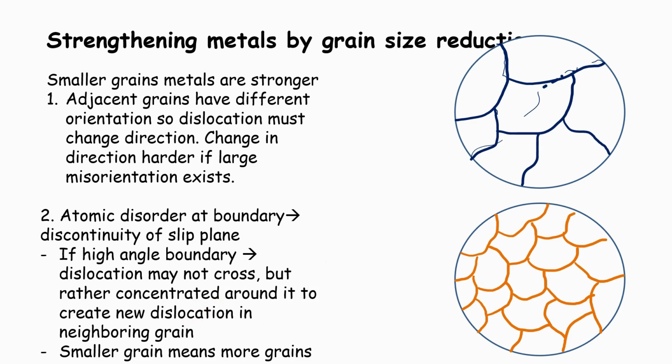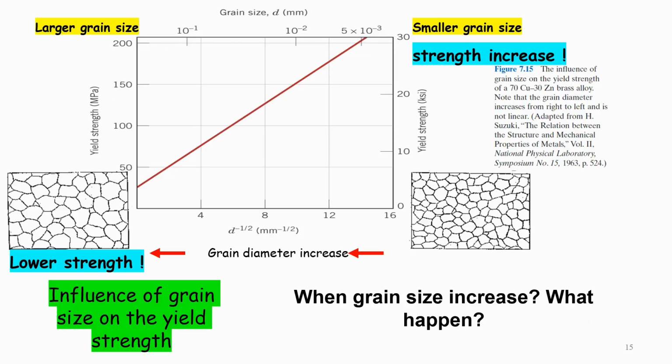Alright, so in the figure here we can see the influence of grain size. This is the influence of grain size on the yield strength of 70% copper, 30% zinc brass alloy. And note that from here we can see the grain diameter increases from right to left.